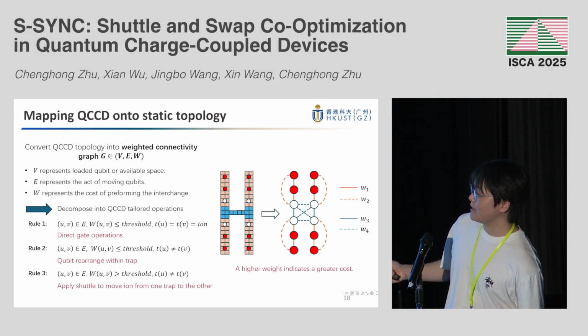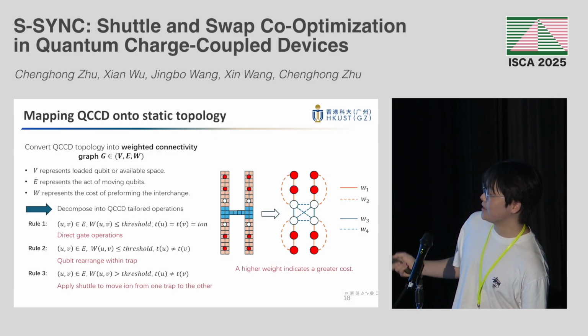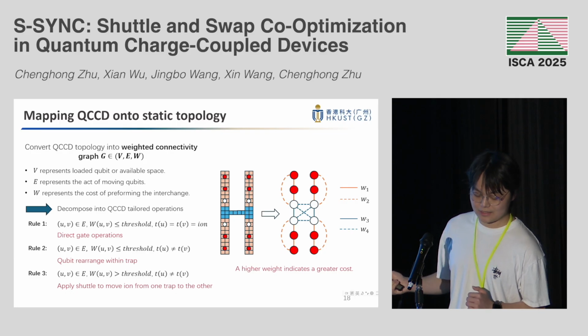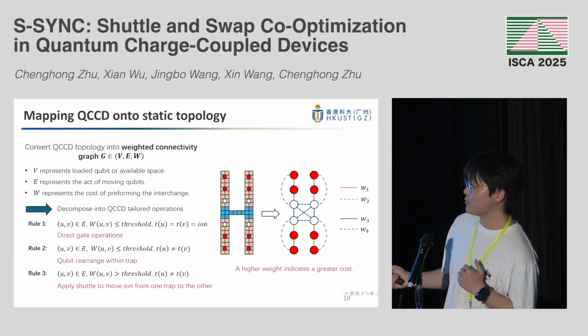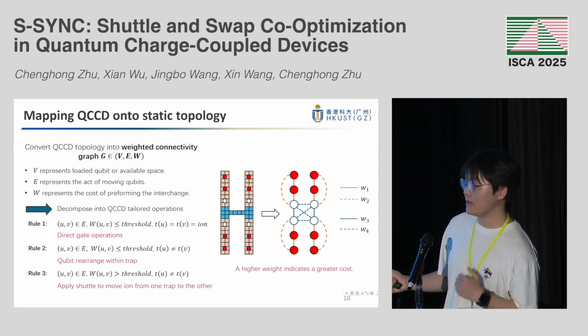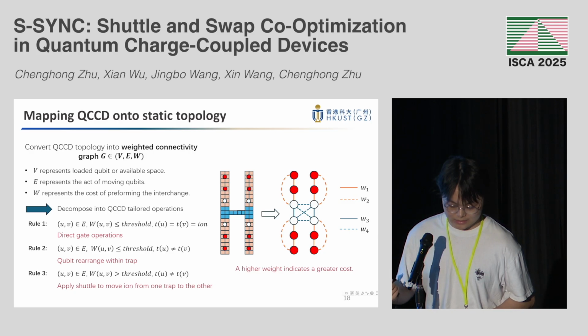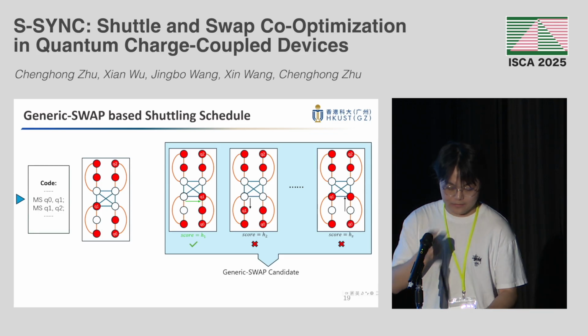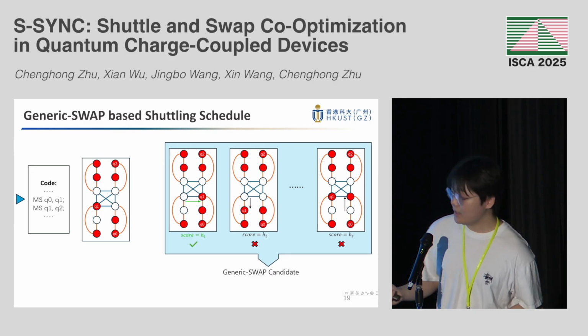Once we formulate the QCCD topology into this graph, we can directly use the techniques for superconducting devices, and we only care about the swap operations. Every time we apply a swap operation, we need to check what conditions apply. Then we convert back to QCCD operations, and we get the shuttling schedule.